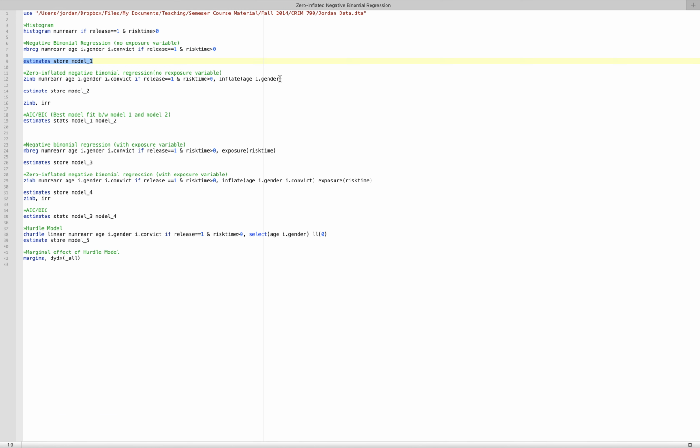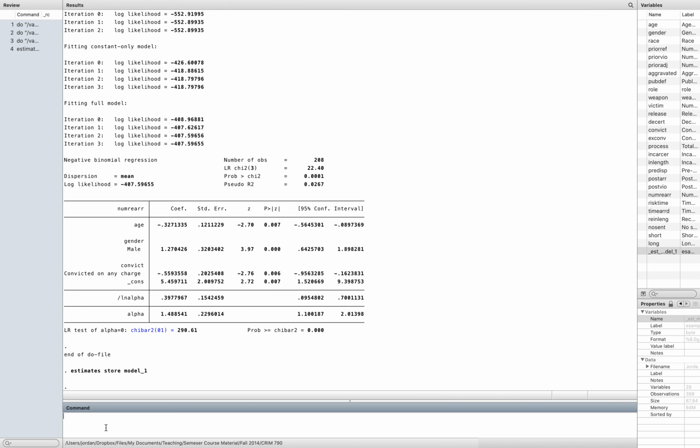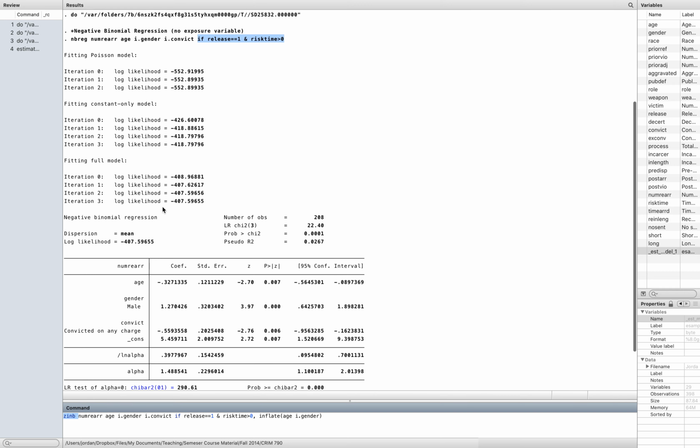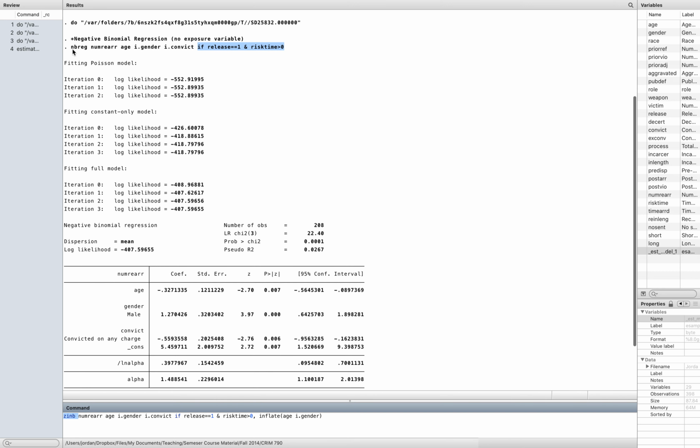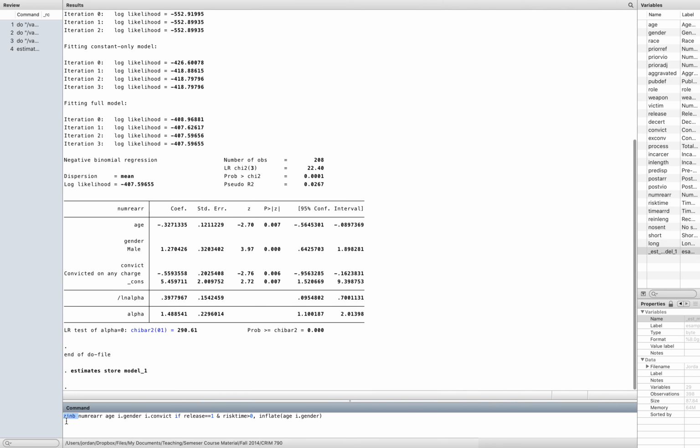So now let's talk about how you do a zero-inflated negative binomial. The command changes from nb for negative binomial regression to zinb for zero-inflated negative binomial regression.